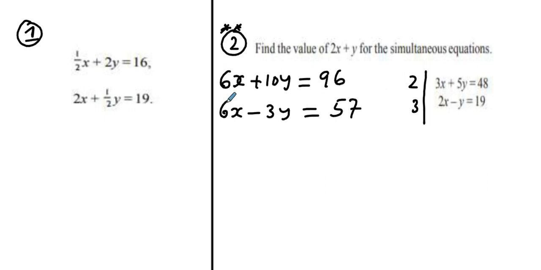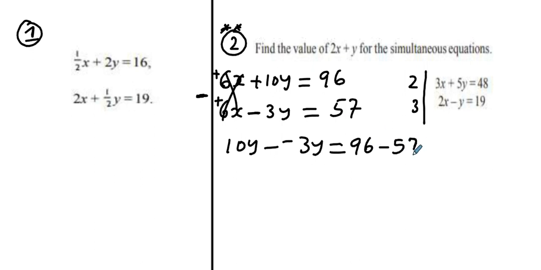See that these numbers are now the same. So what we are going to do is 6x, these signs are the same, so we are going to subtract. So 6x minus 6x, this will cancel, and then you have 10y minus negative 3y equals 96 minus 57.